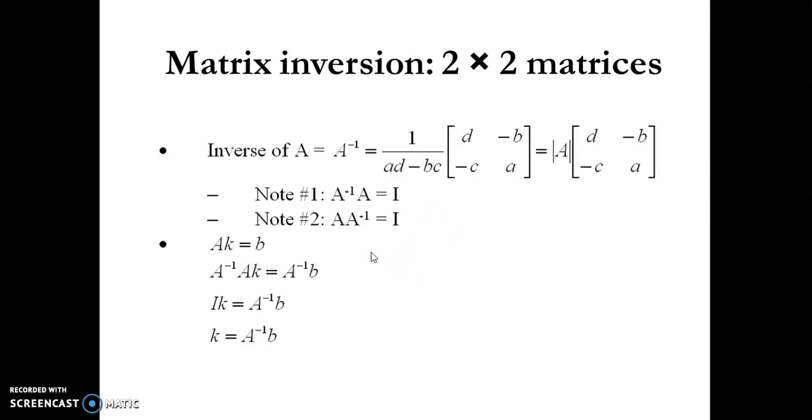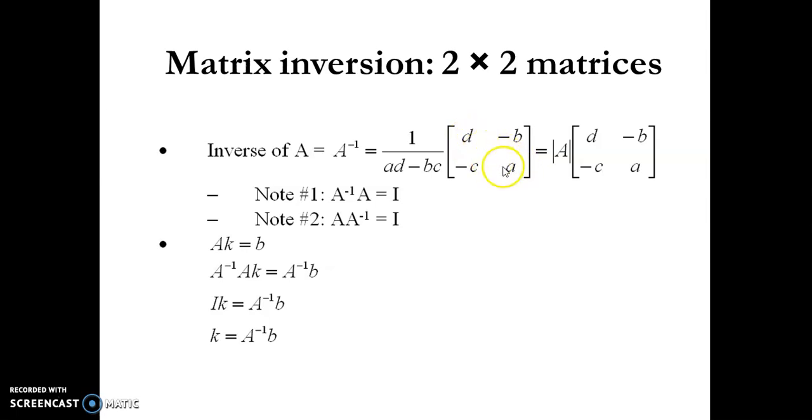Now let's see how we would get the inverse of matrix A. This is the notation to represent the inverse of matrix A. It is given by 1 over the determinant, which becomes a scalar, multiplied by the matrix where we've swapped the elements A and D with each other.